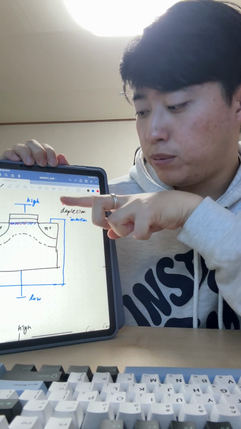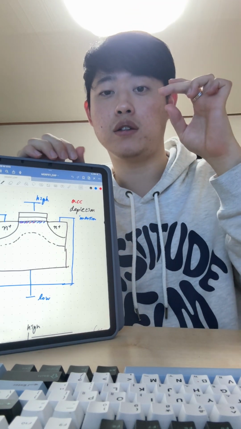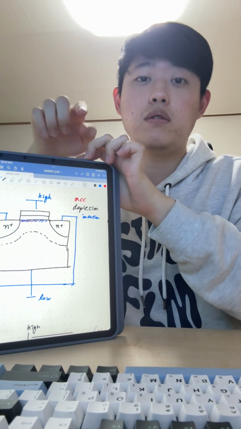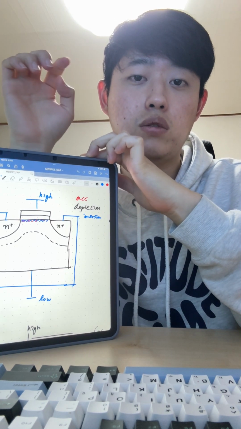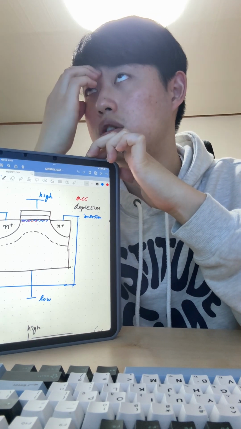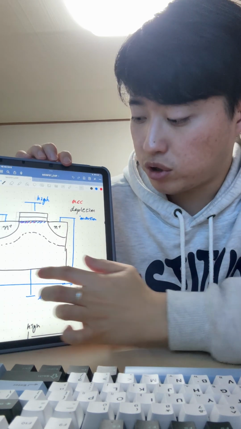In depletion region, they have COX and depletion capacitance in series. So we take C total as the harmonic average of COX and depletion capacitance, so much lower.